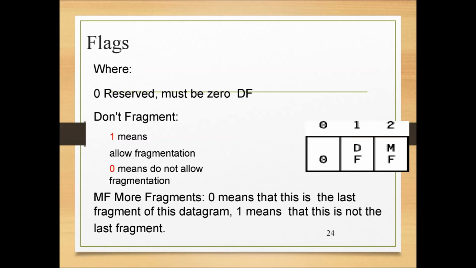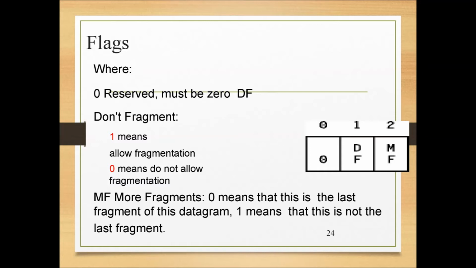Flags. Where 0 is reserved and must be 0, DF stands for don't fragment. 1 means do not allow fragmentation and 0 means allow fragmentation. MF is more fragments. 0 means that this is the last fragment of the datagram, 1 means that this is not the last fragment.